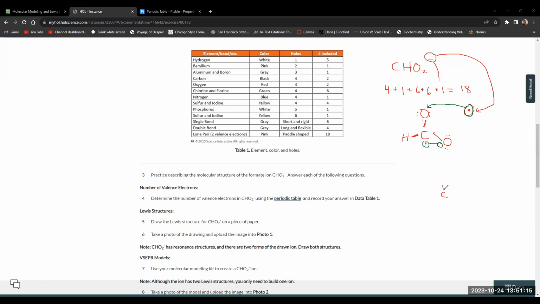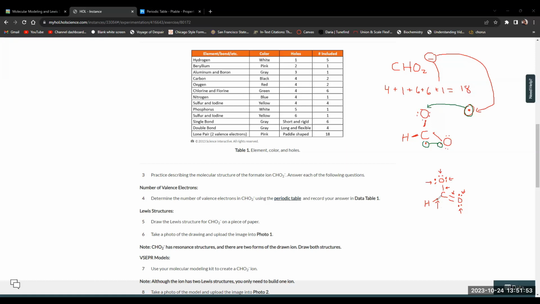So our finished structure should look like this. Let's count: 2, 4, 6, 8, 4, 6, 8, and then remember hydrogen only 2.